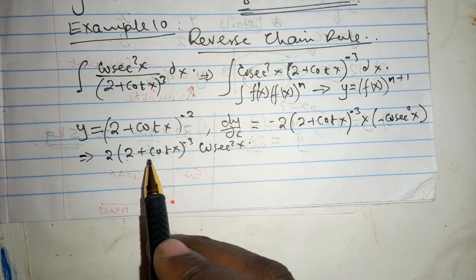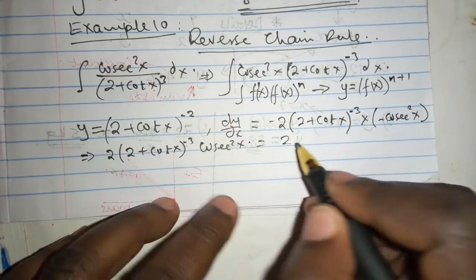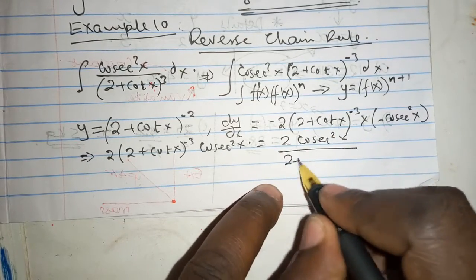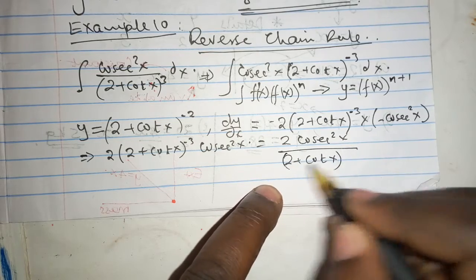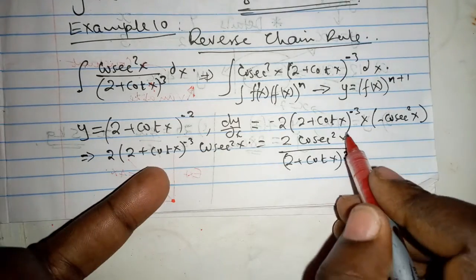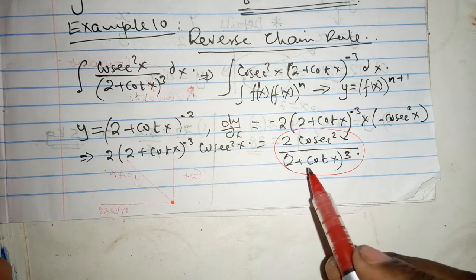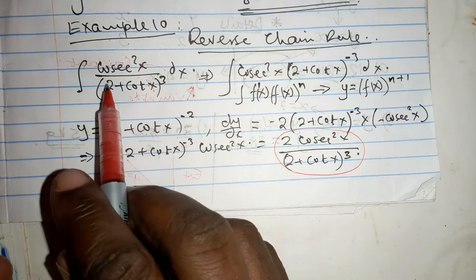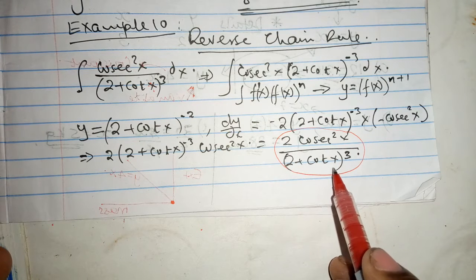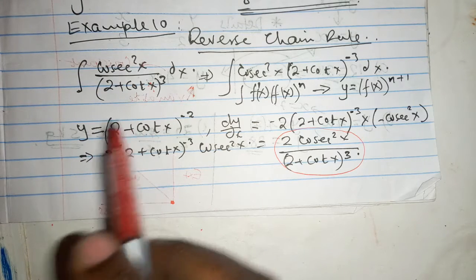Again, if we take this one to the denominator position, it is 2 cosec squared of x all over (2 plus cot x) cubed. If we compare what we have after differentiating what we suspected to be the function, it looks like we have twice what we wanted. We have 2 cosec squared of x over the perfect denominator, but we wanted cosec squared of x over the same denominator.